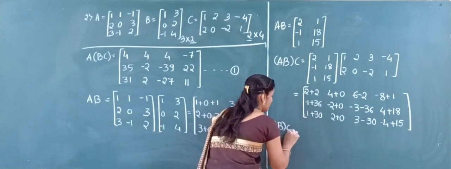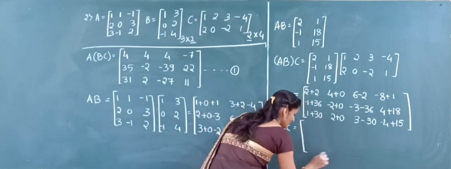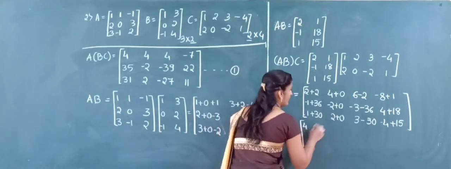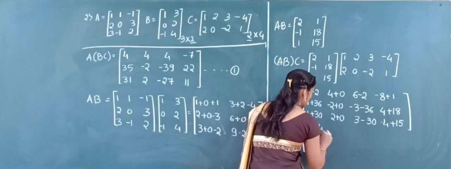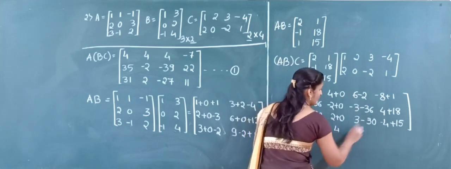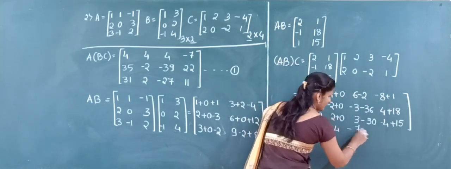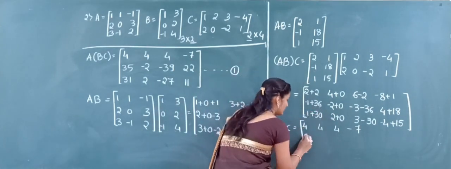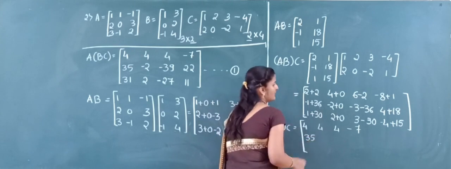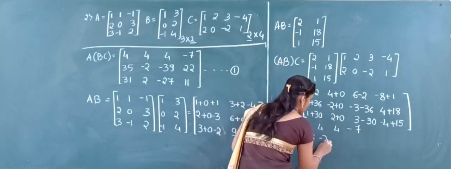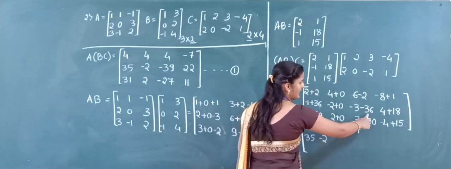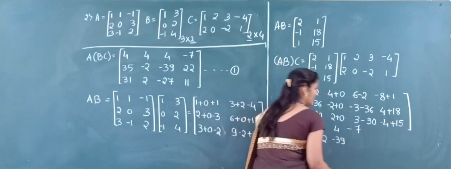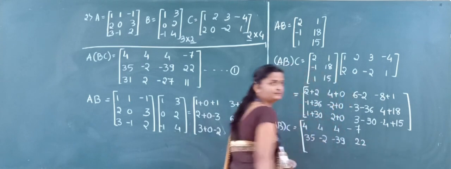AB into C, what will be our answer? 2 plus 2, 4, 4 plus 0, 4, 6 minus 2, 4, minus 8 plus 1, minus 7. This is our first row. Next, minus 1 plus 36, 35, minus 2 plus 0, minus 2, minus 3 minus 36, minus 39, 4 plus 18, 22.